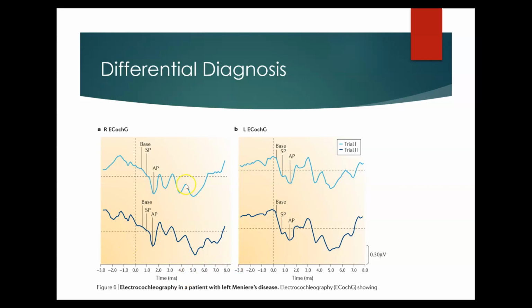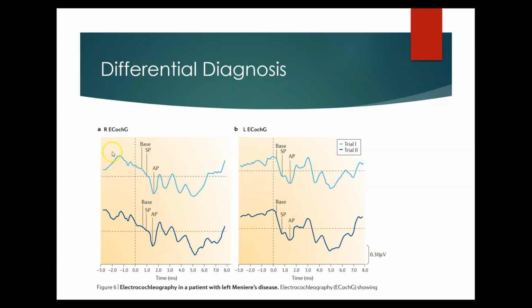The next thing that we want to look at in this is the difference in the summating potential versus the action potential. The farther these 2 are apart, the better. Here we can see the summating potential here and the action potential here.